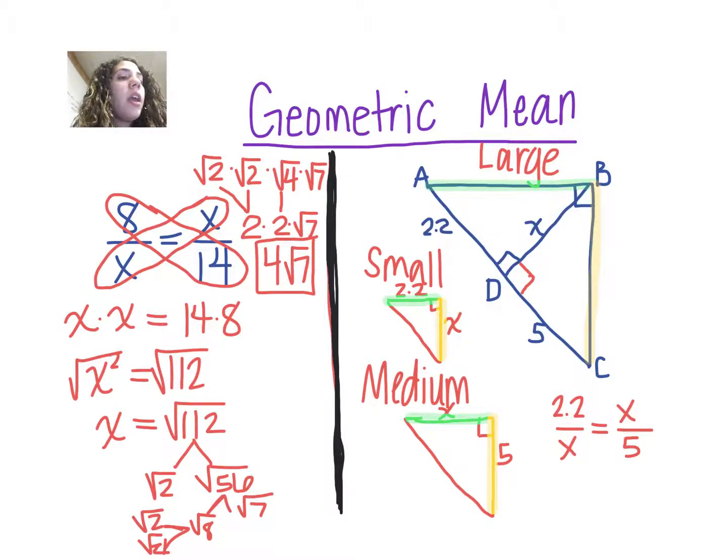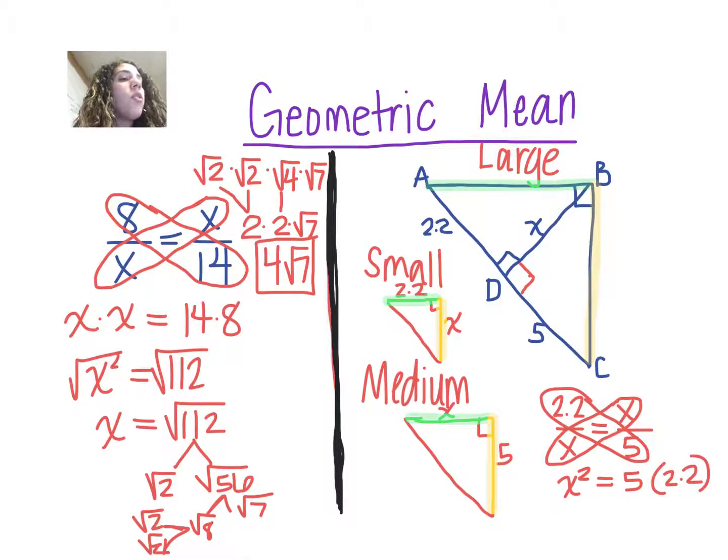So if you notice, the way that I set up my proportion here looks very similar to my original question that I already solved, 8 over x is equal to x over 14. It looks very similar because when I go through the process of solving for x, I'm again getting to the spot where I have x squared is equal to 5 times 2.2.